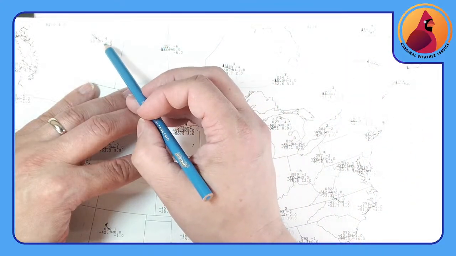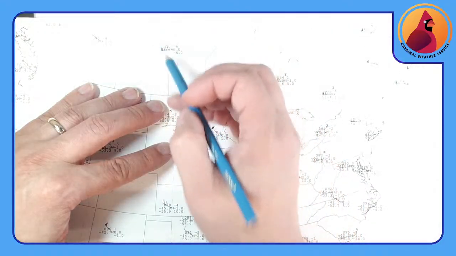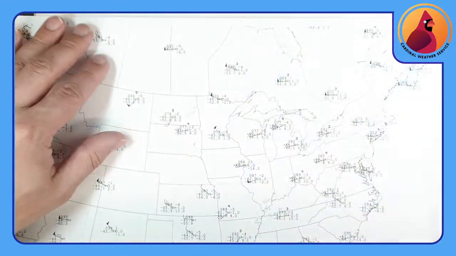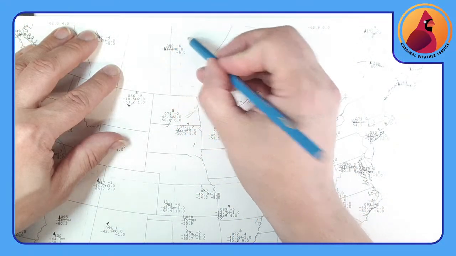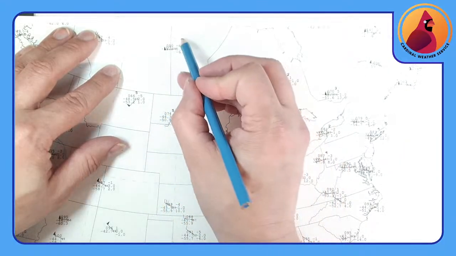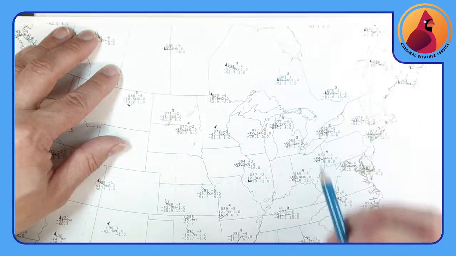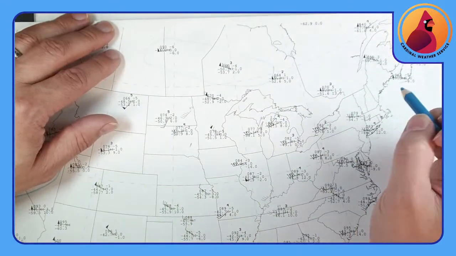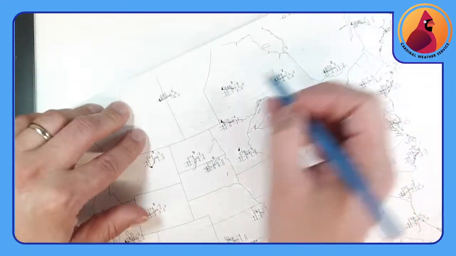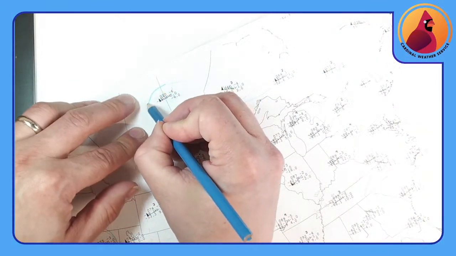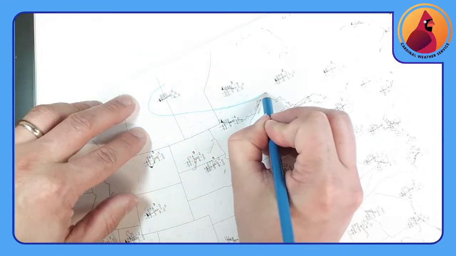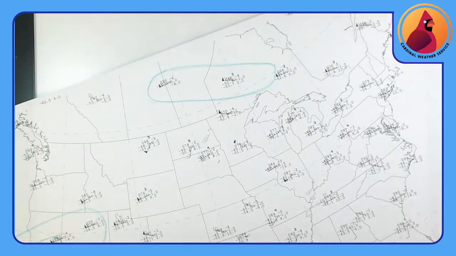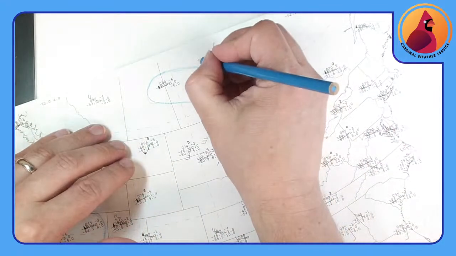Since we've got a pretty slow one back here, I probably could have gotten a little closer here. We'll just encapsulate these. So here's another 75 knot contour.